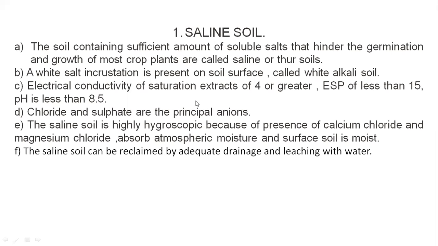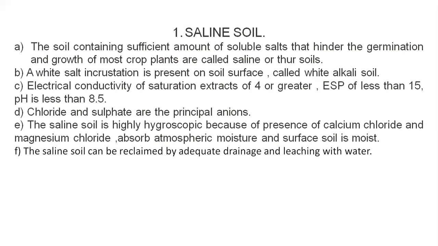Chloride and sulfate are the principal anions present in the saline soil. The saline soil is highly hygroscopic because the presence of calcium chloride and magnesium chloride absorbs atmospheric moisture, and the surface soil of this type is moist.